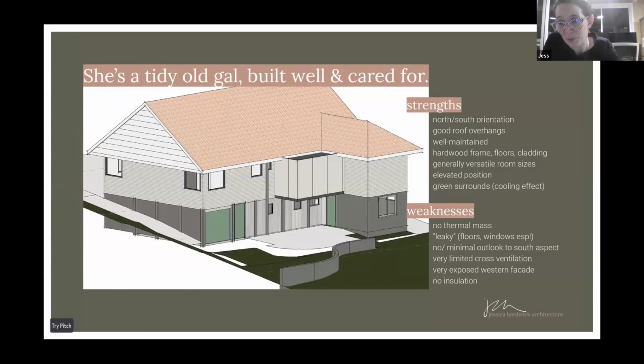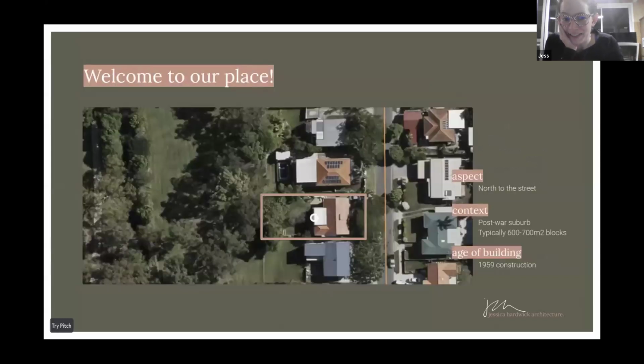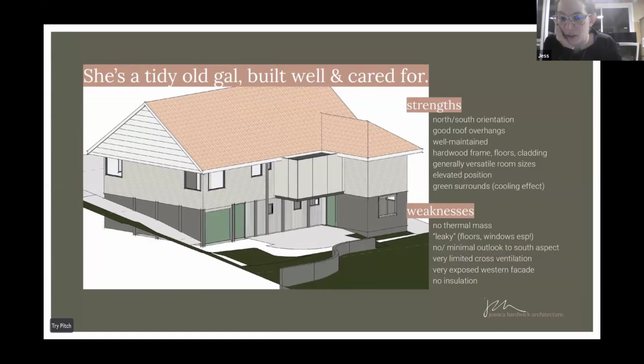And as you could see on the previous image, we're back onto parkland, so we've got an amazing southern aspect. It's really beautiful, but we had very minimal visibility to that, and it was also very difficult to get good ventilation in the house as it was.